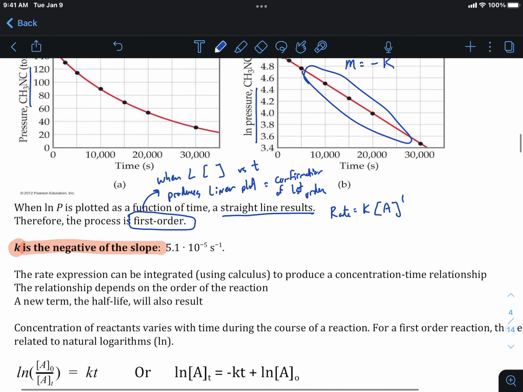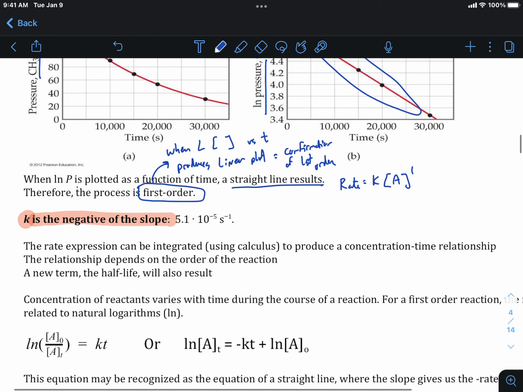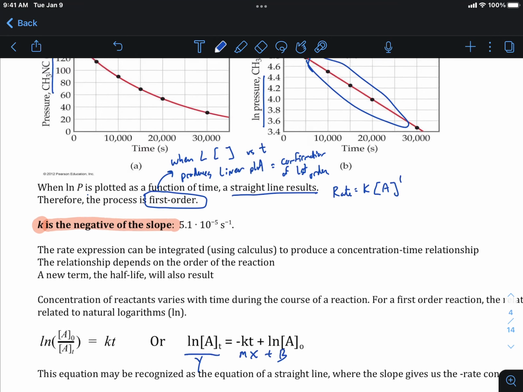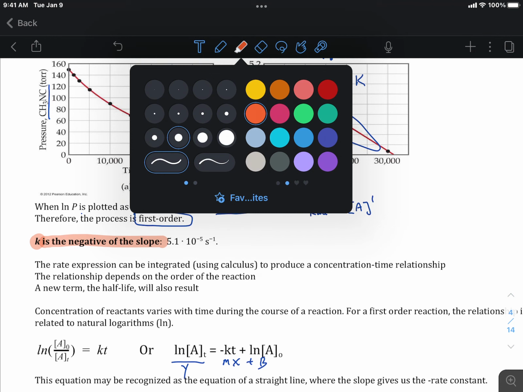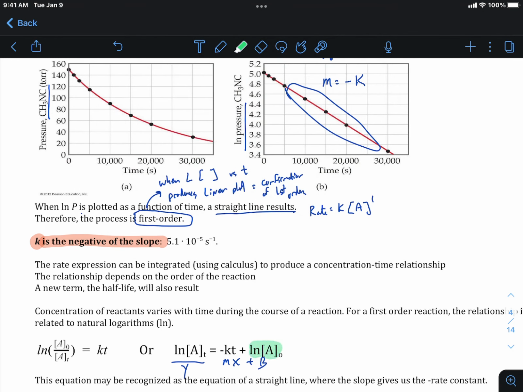So if you look closely, because we have a straight line plot, this can be interpreted as y equals mx plus b, right? Slope-intercept form. And this should make sense because, again, look at your plot. Your y-intercept is your initial concentration.